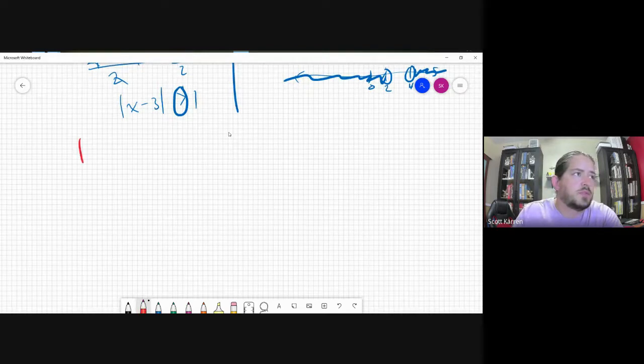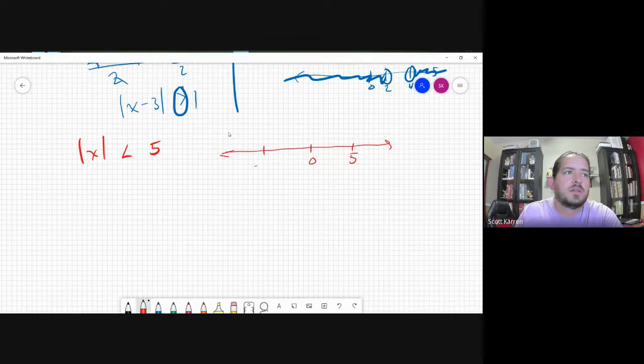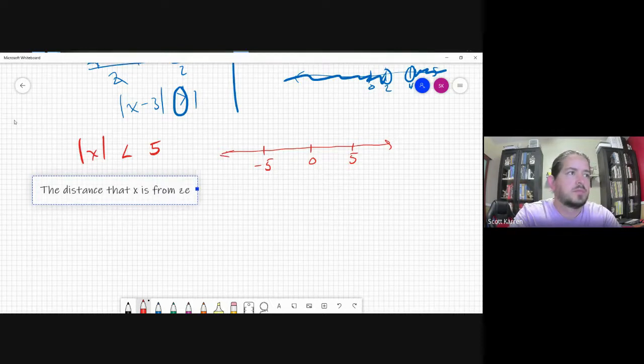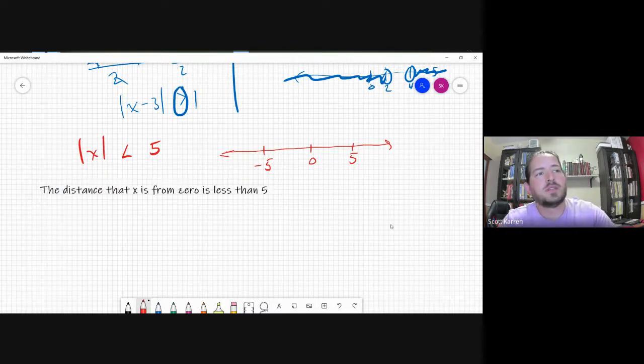The absolute value of x, if it's less than, let's say, 5, doesn't matter. Those numbers whose magnitude is less than 5, you can read this one similarly as the distance that x is from 0 is less than 5.